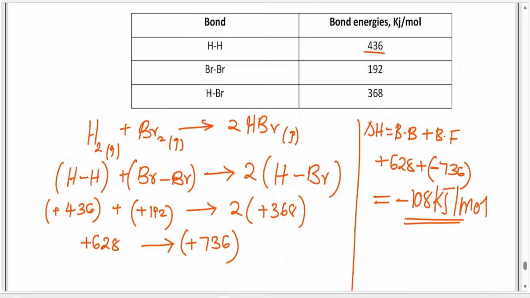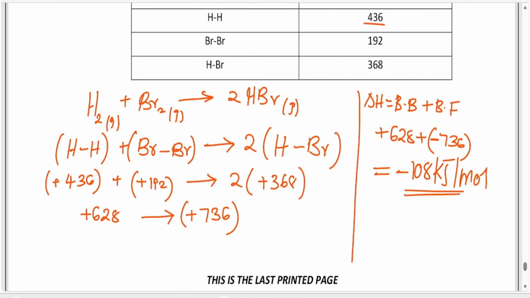That gives you 3 marks. Determining the enthalpies on both sides, you get 1 mark, and getting the correct answer, you get 1 mark.